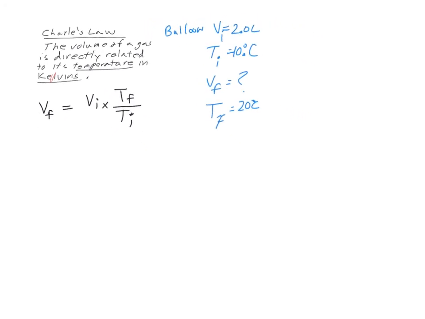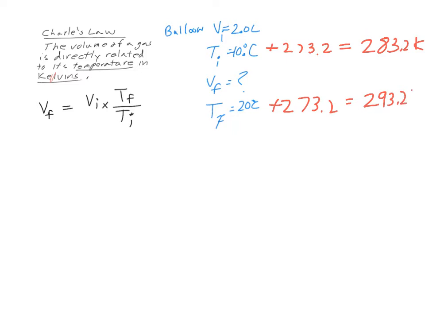Remember, to convert to Kelvin, we add 273.2. So 10 degrees Celsius is really a temperature of 283.2 kelvins. We add 273.2 to 20, and it's really 293.2 kelvins. Did our temperature really double? No, it went up very mildly.